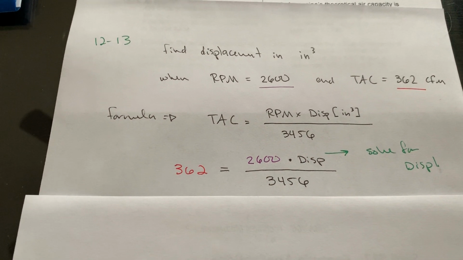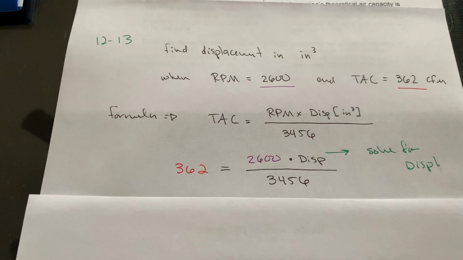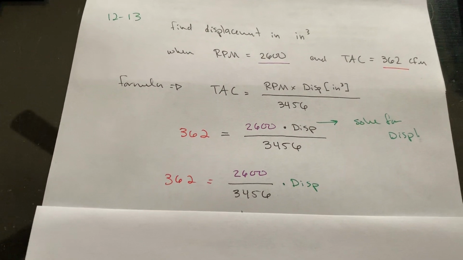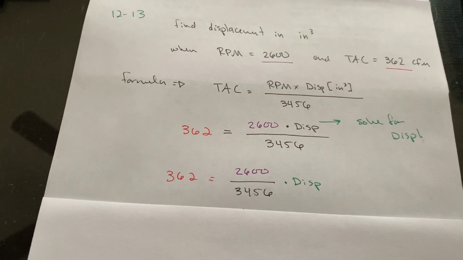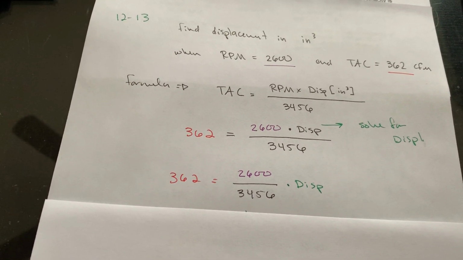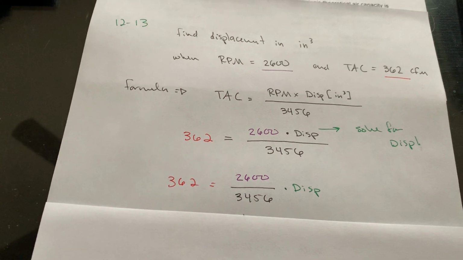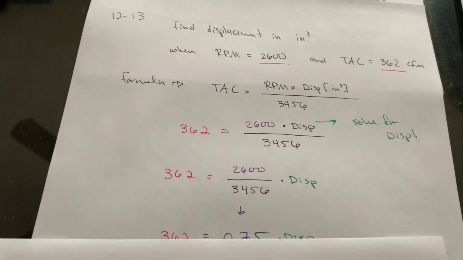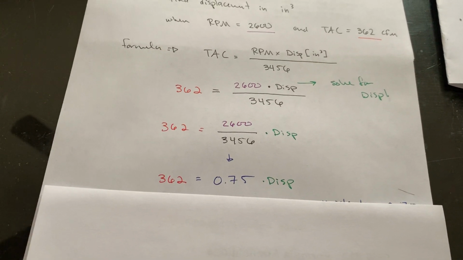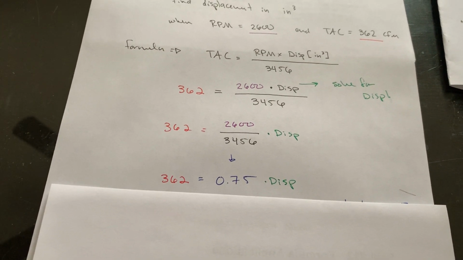Everything is over 3,456. What we can do is take the 2,600 and the 3,456 out in front, right? We can just do a quick division with those two, get one value there times the displacement. That should equal 362. If we do a quick calculation, we'll see that's going to come out to about 0.75.